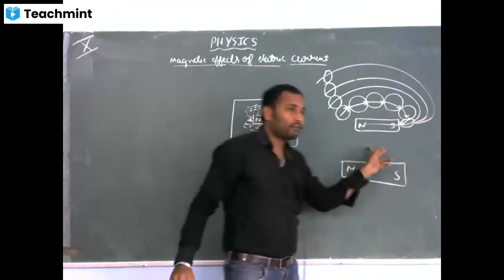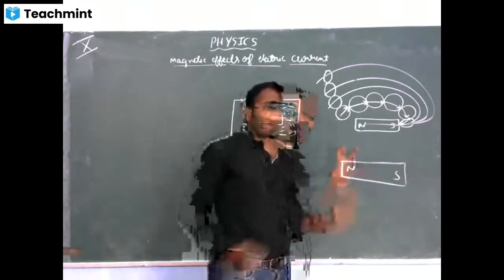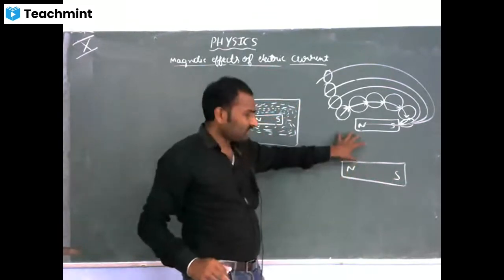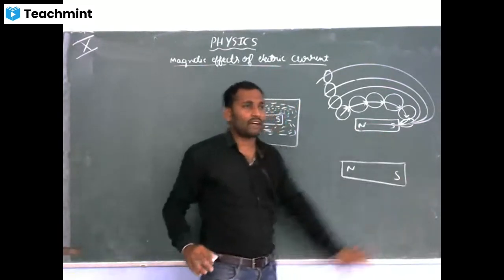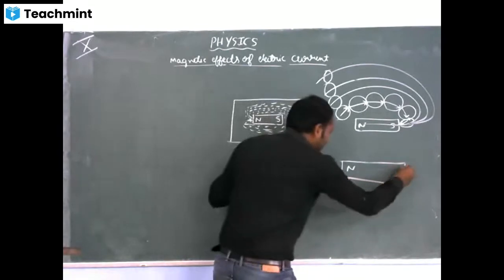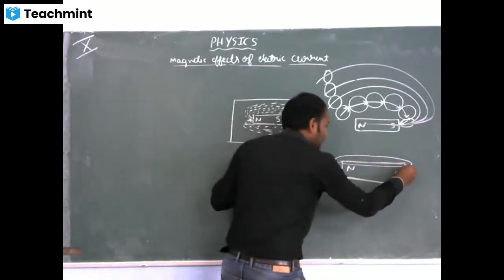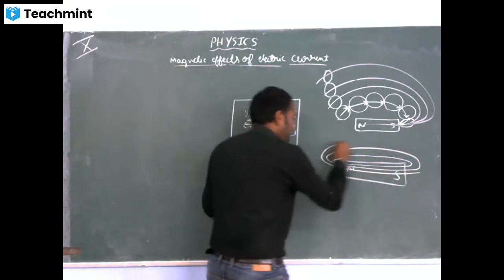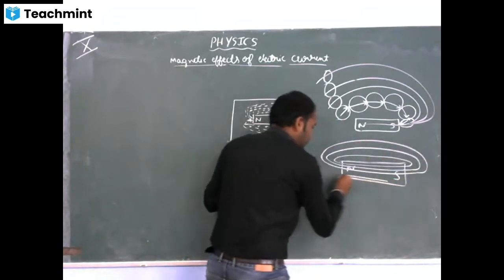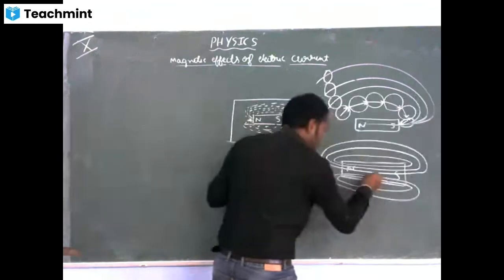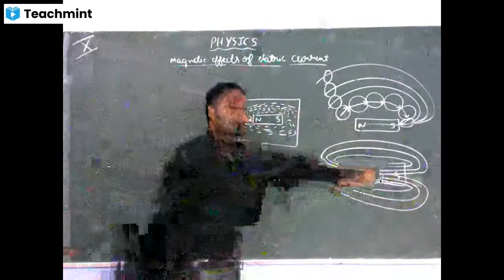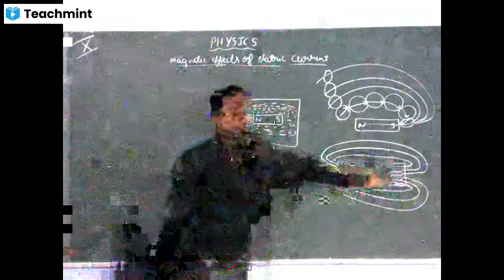Whatever points I have made with the help of the compass needle, I will join all the points, everywhere wherever I placed the compass needle. So I will be getting magnetic field lines like this. So this is how I'll get magnetic field lines.